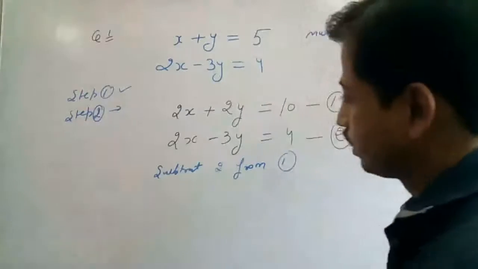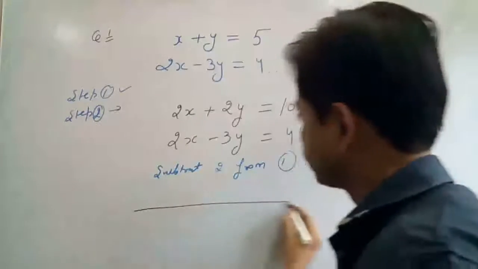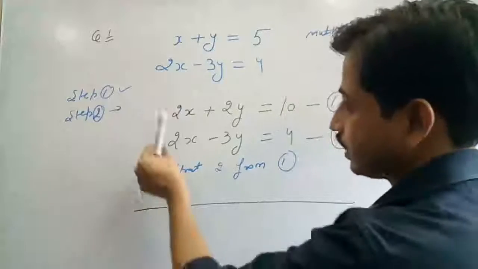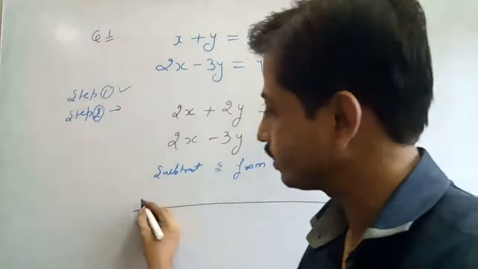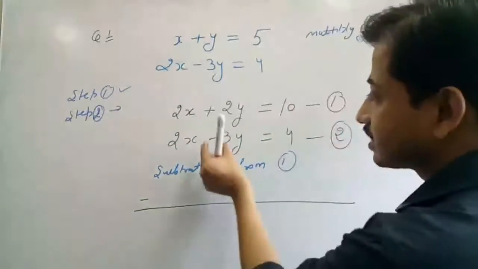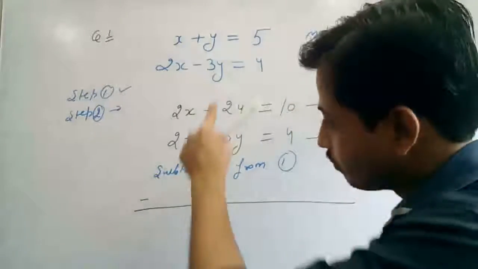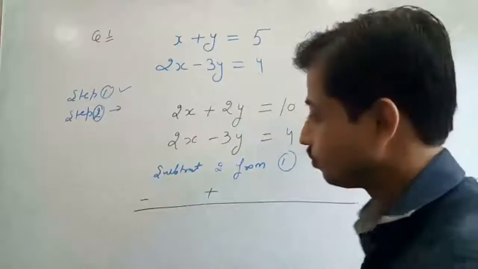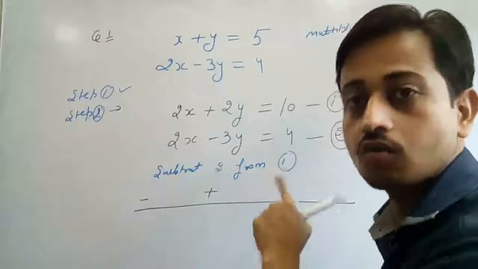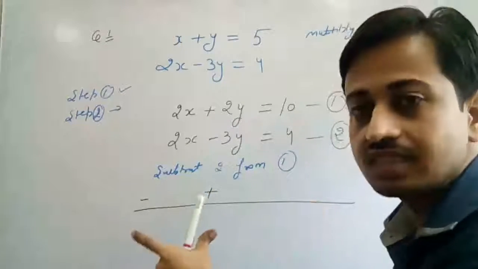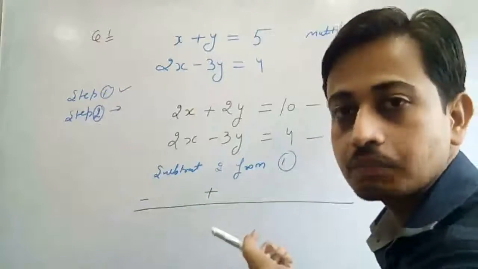It's very simple. Change the signs here. Here the sign is positive, make it negative. Here the sign is negative, make it positive. By doing this, we are subtracting equation 2 from equation 1. It's very easy to do in this manner.